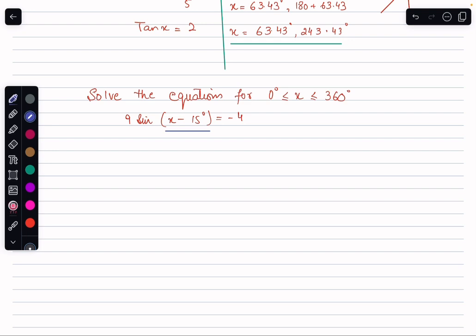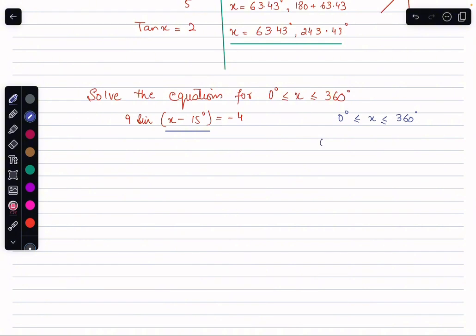Over here, what I know is that my domain is 0 less than or equal to x, which is less than or equal to 360 degrees, whereas in the question they are saying it should be x minus 15. That means I should be adjusting this negative 15 to the given domain for x.